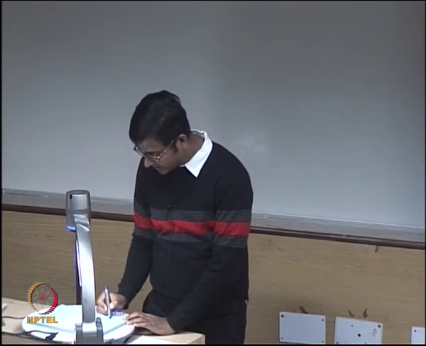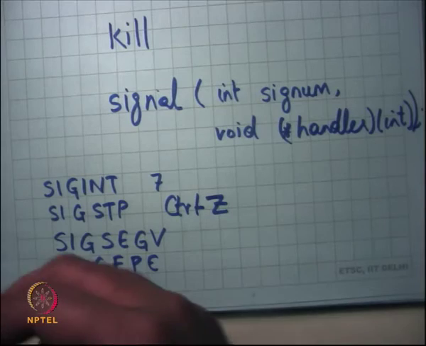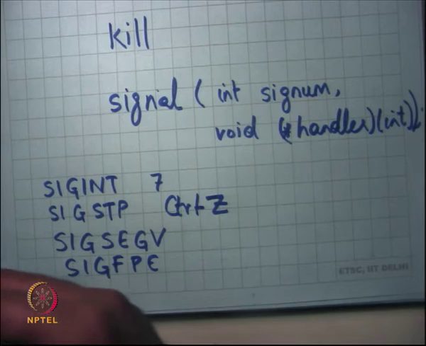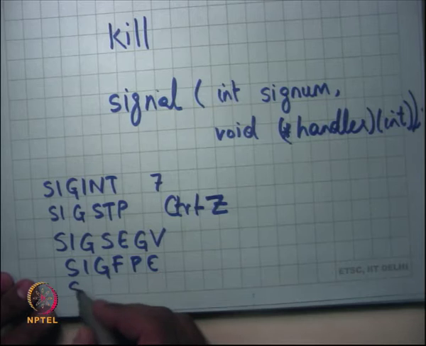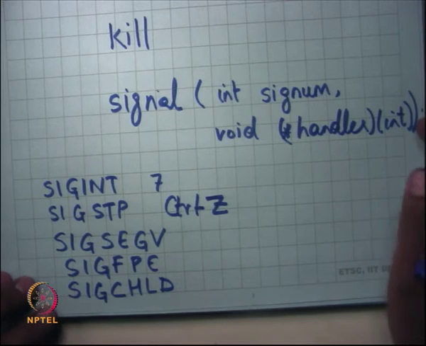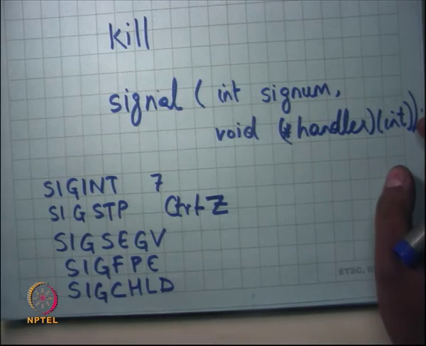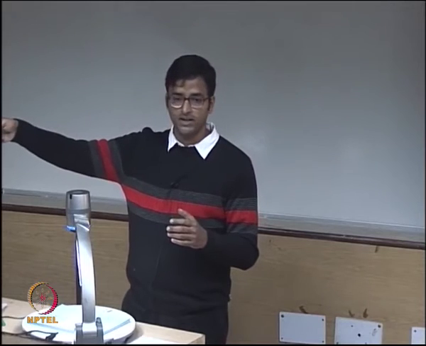Similarly there's SIGFPE, the floating point exception. For example, if you divide by 0, you're going to get a SIGFPE, and similar things as with SIGSEGV are going to happen. There's another signal called SIGCHLD. This is a signal which is generated if one of the child processes of the current process exits. Let's say I started a child process and I wanted it to run concurrently. I didn't want to wait on it, I didn't want to block.